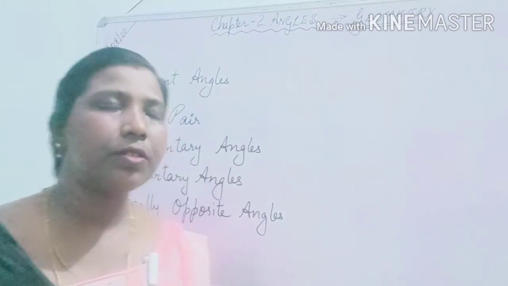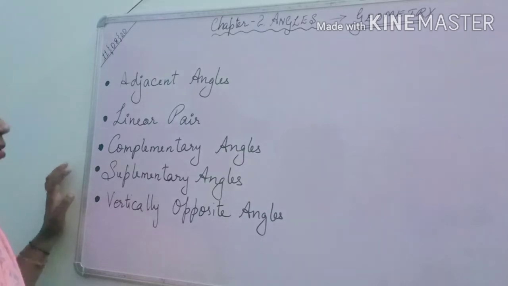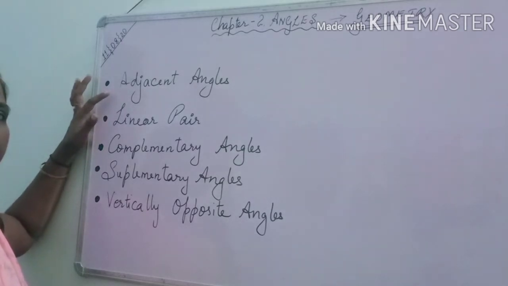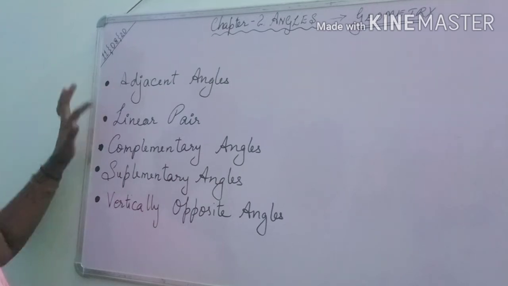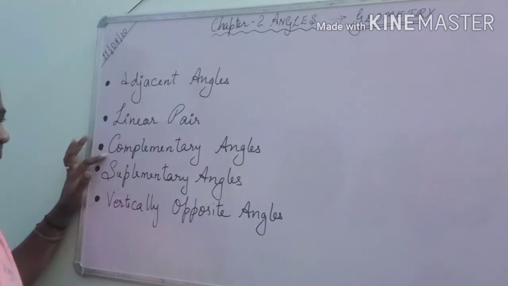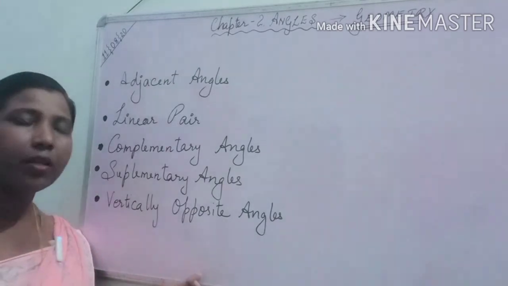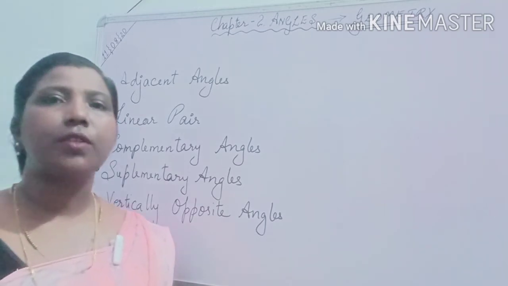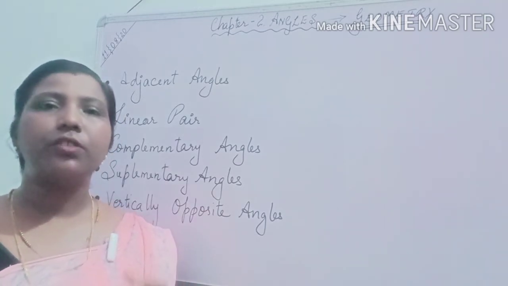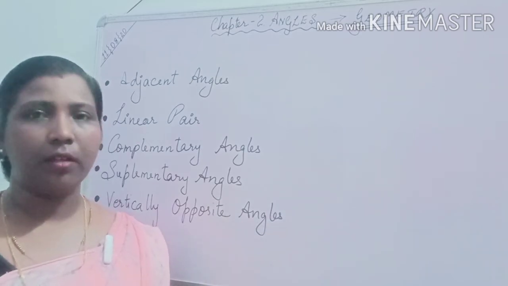In this module we are going to learn about adjacent angles, linear pair, complementary angles, supplementary angles and vertically opposite angles. I am putting some clippings so that it will be easier for you to understand more effectively.